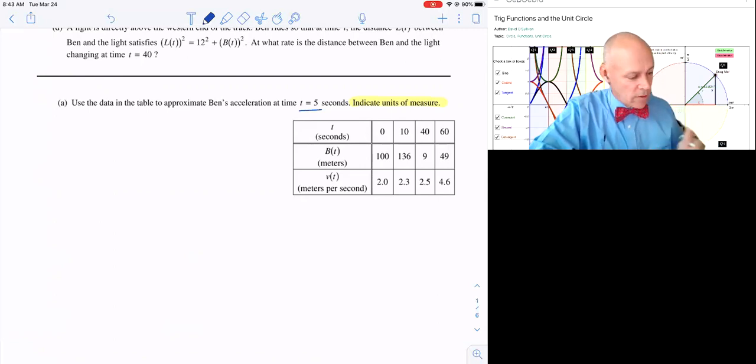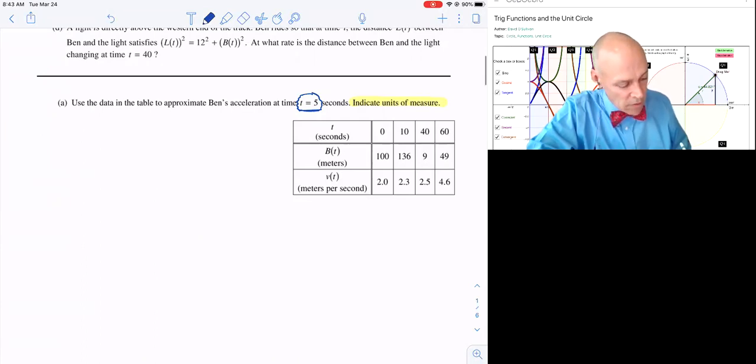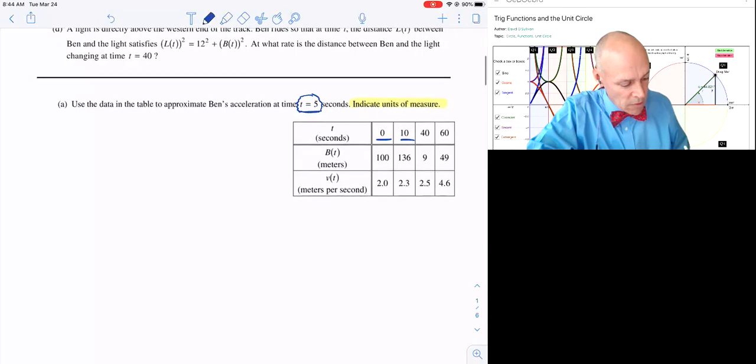In order to approximate the instantaneous rate of change at time 5, we're going to use the average rate of change for the times that are closest to 5. Looking at my times in the table, I have 0 and 10. So I'm going to use those, and the corresponding velocities at those times.